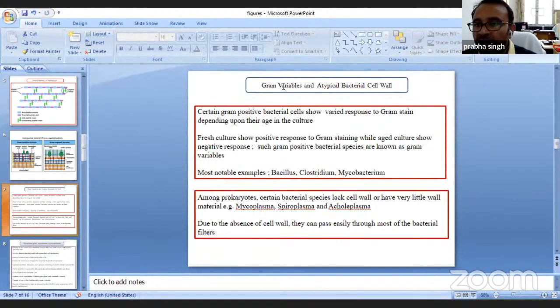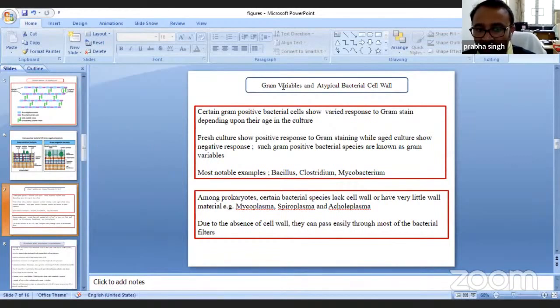Okay? That means the response to gram stain varies according to their age. Fresh culture shows positive response to gram staining, while aged culture shows negative response. So such gram-positive bacterial species are known as gram variable. And the most notable examples are from the Bacillus, Clostridium, and Mycobacterium species.